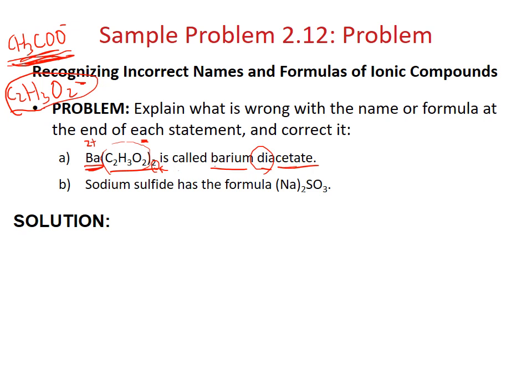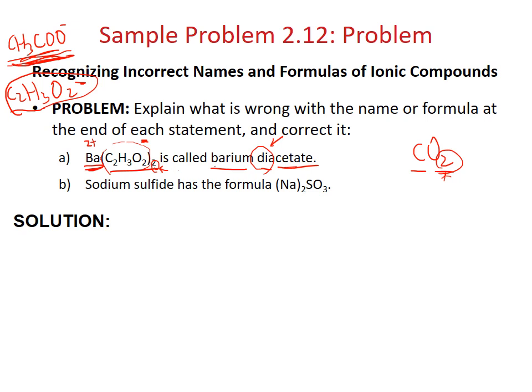The problem is a prefix is only used for covalent compounds. For example, CO2. When you name it, you name carbon dioxide because you need the prefix di to say you have 2 oxygen. Now for ionic compound, prefix is not used.